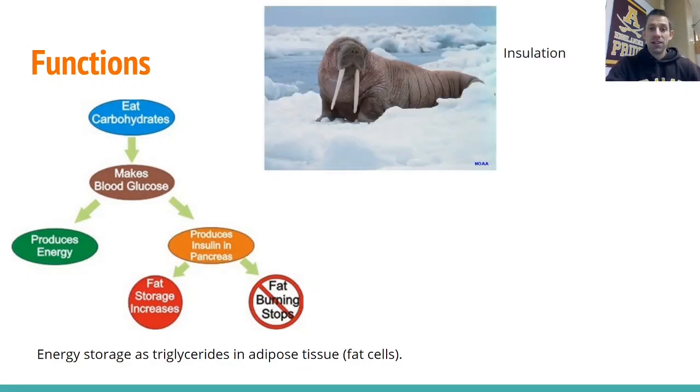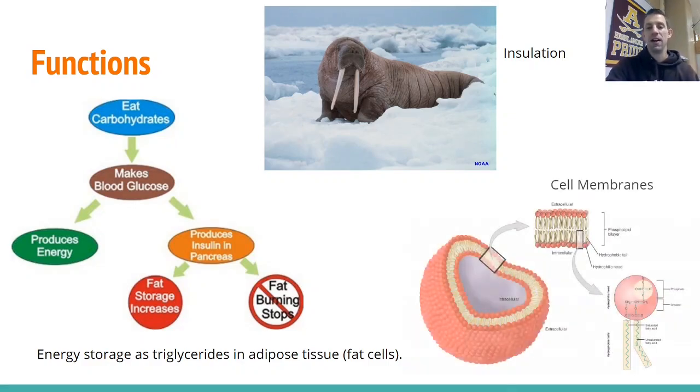Lipids are also used for insulation, as you can see in this lovely image here of the walrus that helps to prevent its body temperature from dropping too low. It resists changes in temperature well, so working very well as an insulator. And a final function of lipids is that they are used to create cell membranes. Now, cell membranes are the structures that completely cover the outsides of cells.